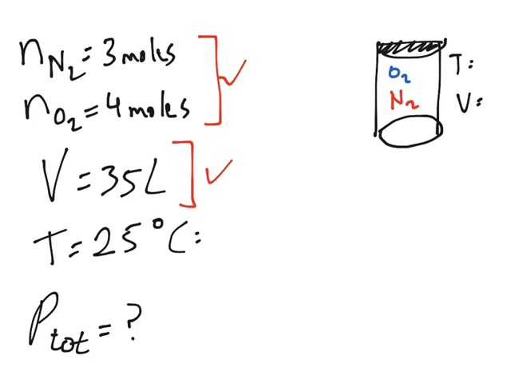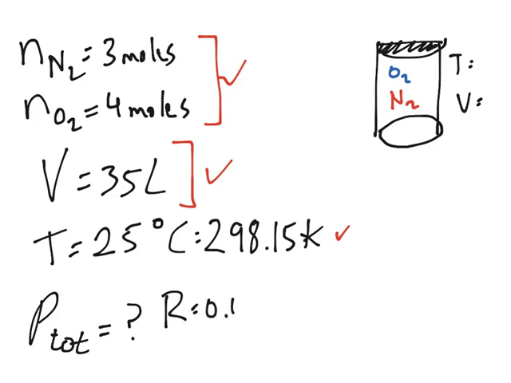So you have to change it into Kelvin. By adding 273.15 to the 25, we get 298.15 Kelvin. So now our units are fine, and there's one more thing. It's the constant, 0.0821 liters atmospheres per mole Kelvin. So all of our units are fine now.